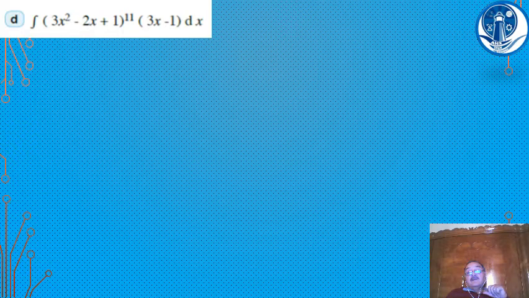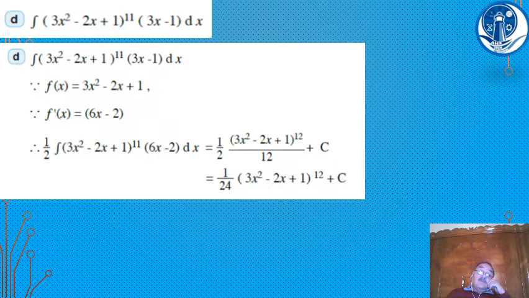Then it will be 6x minus 2, and the derivative of 1 is 0. Then we add 1 to the power and divide by the new power, and don't forget to divide by 2. Okay, this is the 2 and this is the new power plus c. Here we have a homework, you have to see your homework.